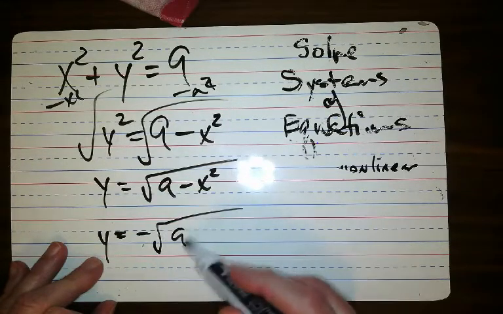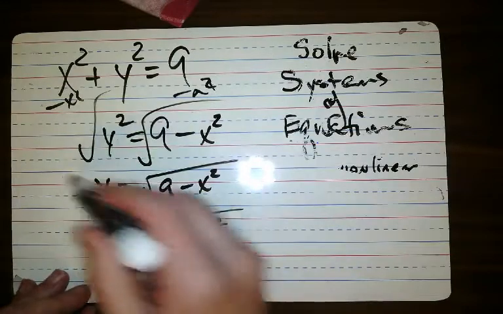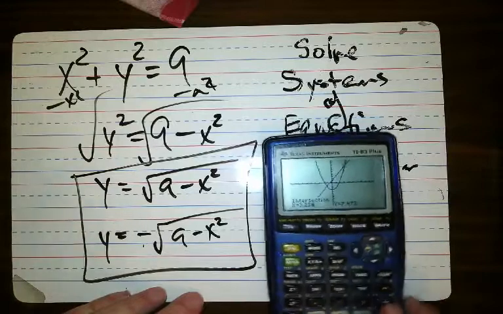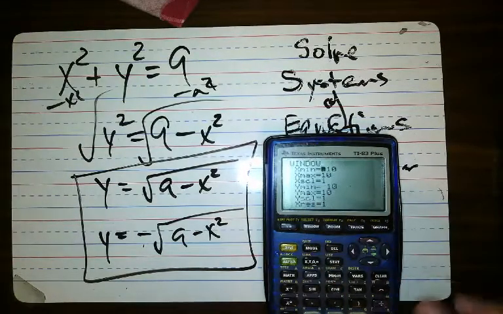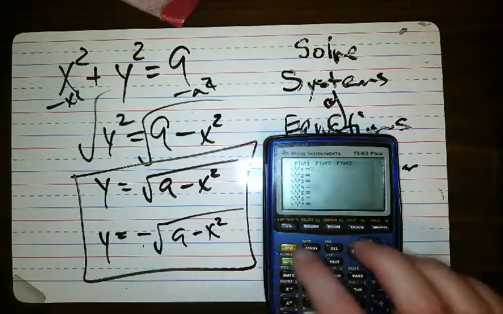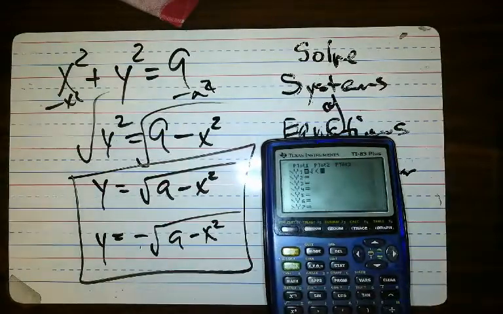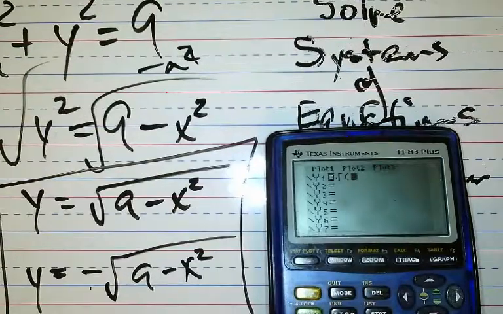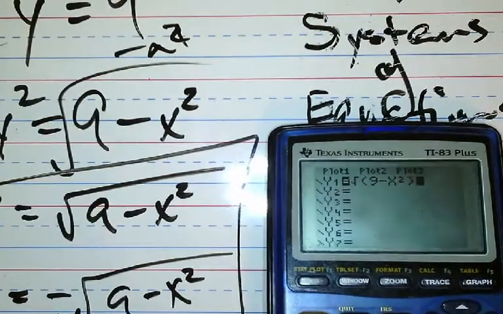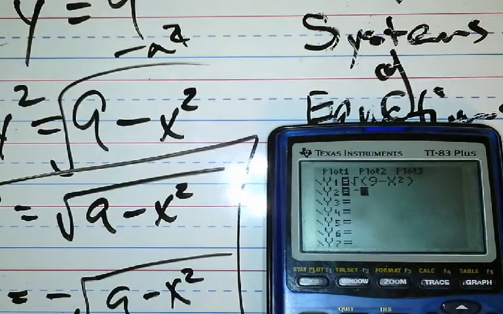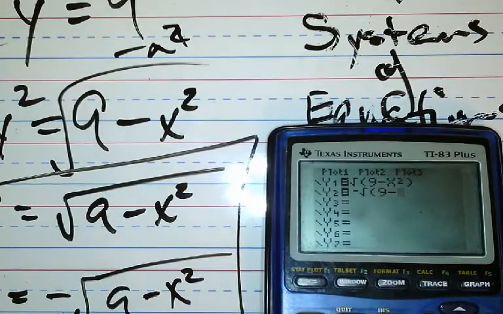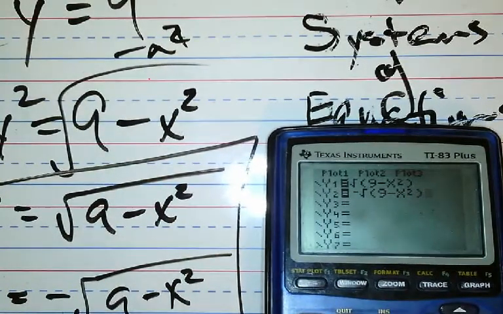I should have showed you before I gave it to you. There's always 2 answers. If you want to see the whole circle, you have to look at it this way. So let's go to y equals. And so I'm going to say the square root of, so I'm typing in 9 minus x squared, close my parentheses, and then the negative square root of 9 minus x squared, close my parentheses.